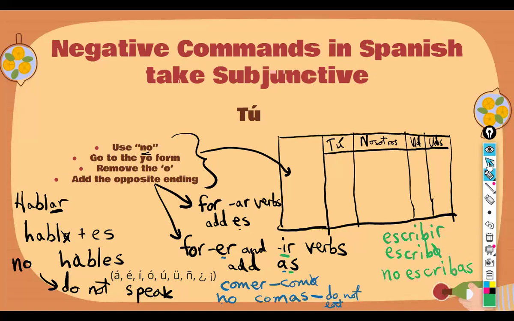Right? All right. So those are the examples. Those are 3 examples. We have example 1, example 2, and example 3, with AR, ER, and IR verbs.